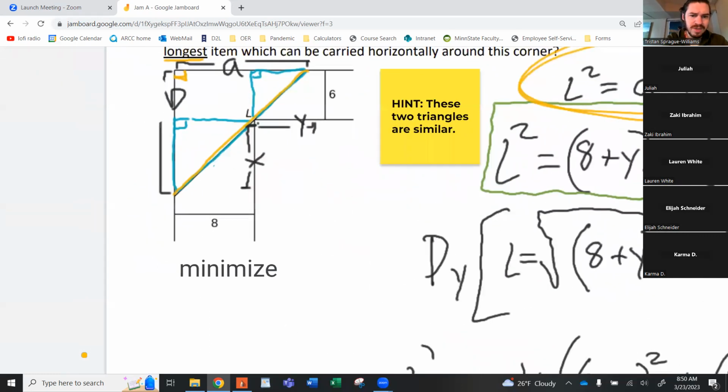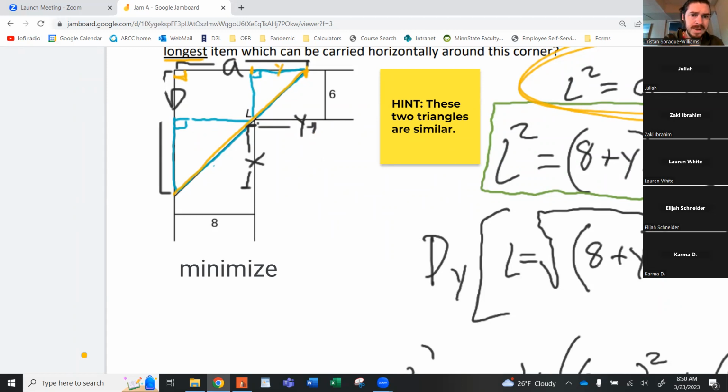Then, how does the 8 come into play? Well, the A is going to be 8 plus a bit. The way this is labeled here, we have this extra amount, the distance out to this point. That's Y. So A is 8 plus this Y amount.